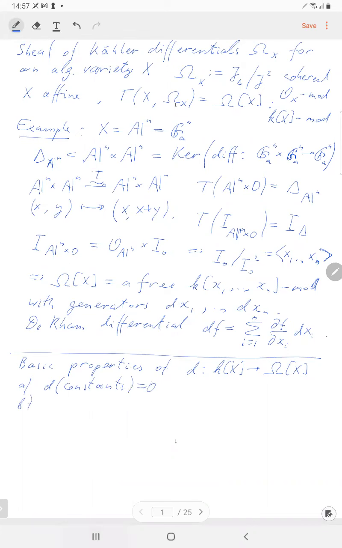Then we had additivity, and multiplicativity, that is just the Leibniz rule.